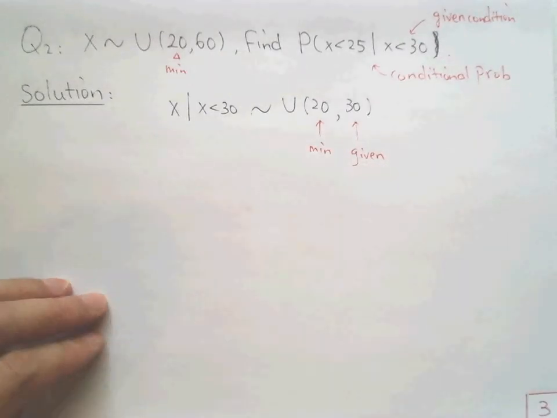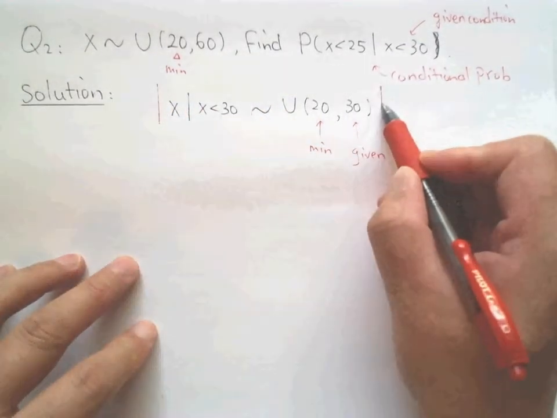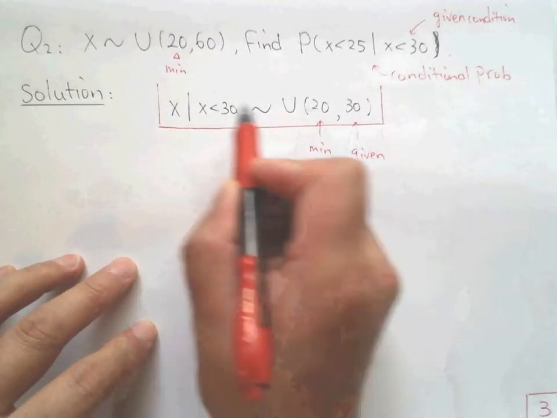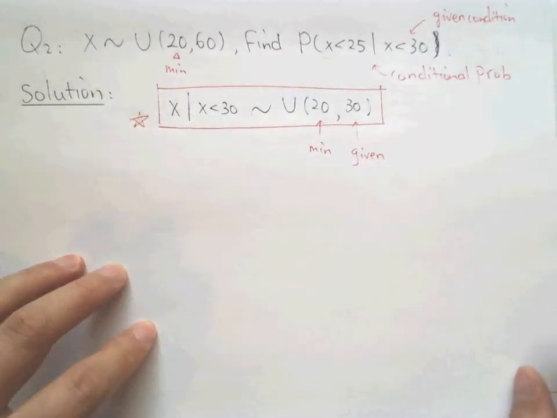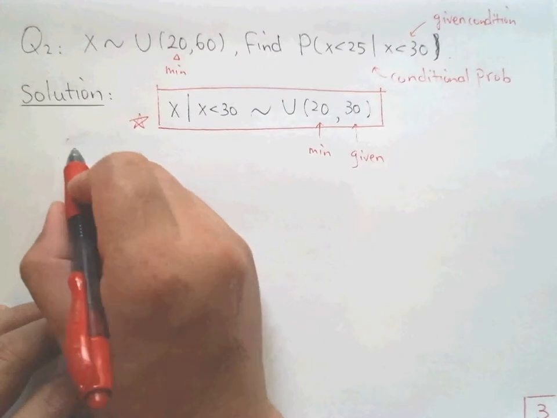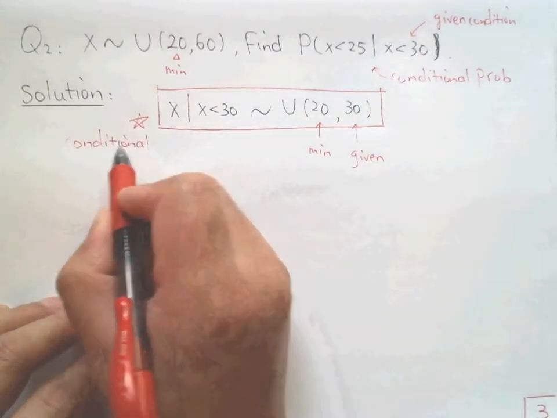Why? Because now we have a conditional distribution, right? If I highlight this, this is the most important information we need to use in this question. This is the most important information. It's called a conditional distribution, right?